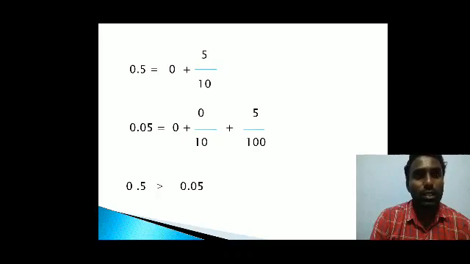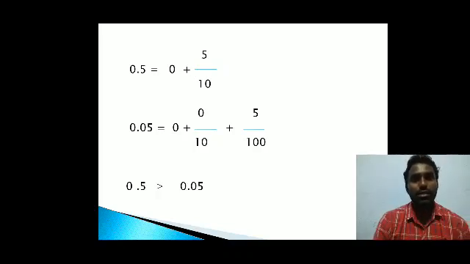Now look at that 10th digit. First look at the whole part: here 0, here also 0. That means we have to move to the next digit, that is called the 10th digit. Just look, 5 by 10 here, 0 by 10 here.